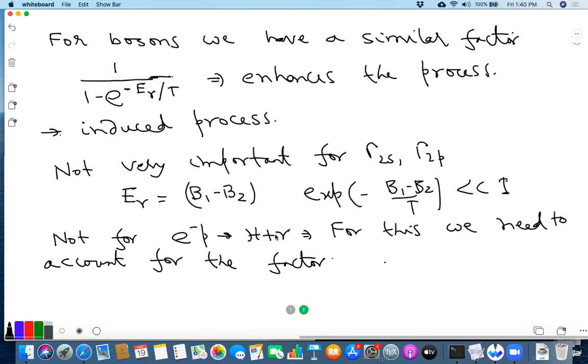I'll not go into the details of how this factor comes, but it is present for bosons. This is what is sometimes called Einstein's A and B coefficients, that is spontaneous emission versus induced emission. If it was just one, it would be spontaneous emission, and the difference is what we call induced emission: the presence of a photon makes it more likely that it will emit a photon.